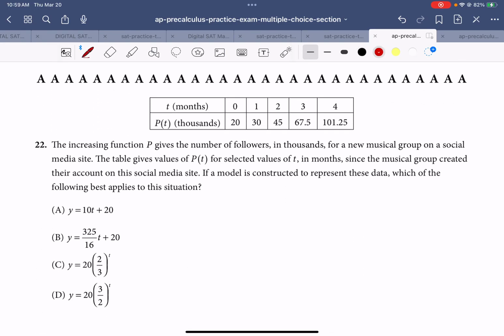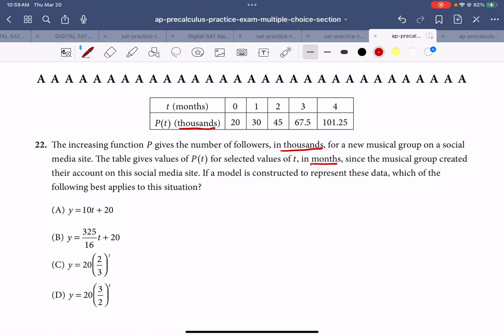Now, number 22, the increasing function p gives the number of followers in thousands for a new musical group on a social media site. The table gives the values of p of t for selected values of t in months, since the musical group created their account on this social media site.